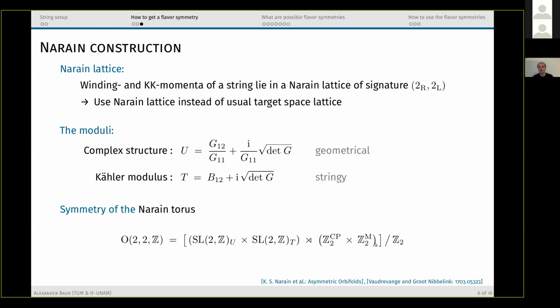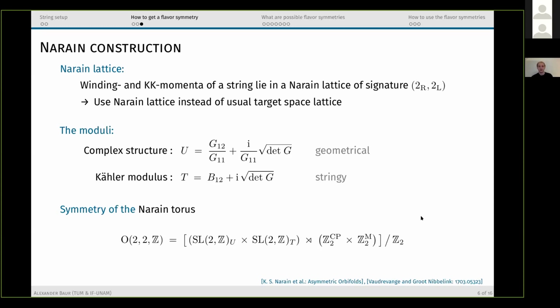We also find a mirror symmetry, because we have 2 moduli and can interchange those 2 moduli, so this makes sense. Dividing by Z2 is because the negative identity matrix of this SL(2,Z) has to be the same as the negative identity matrix of the other SL(2,Z). They are identified. This is why we divide by Z2.